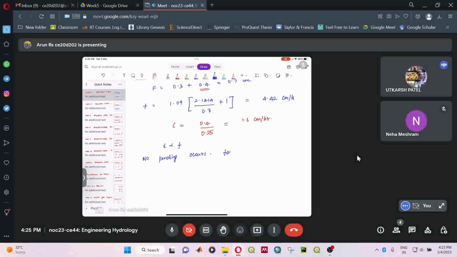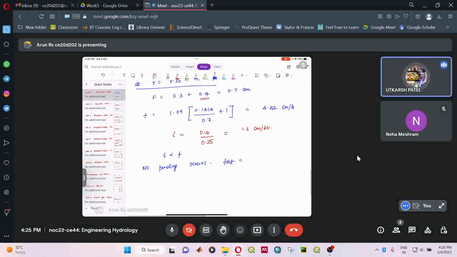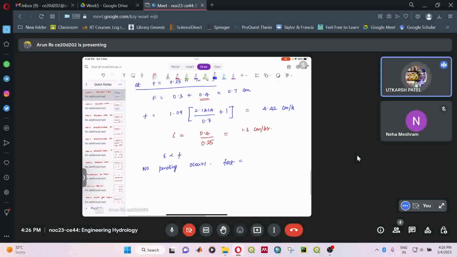Sir, in rainfall intensity, we are taking the value of only 0.4, the particular interval value? Yes, because the first rainfall has already ended. This is the next time interval. In the infiltration rate, we take 0.7 as the sum of 0.3 plus 0.4, the cumulative infiltration.